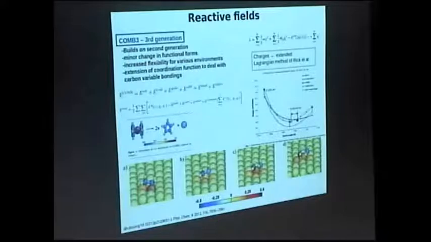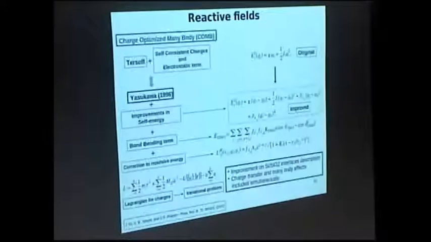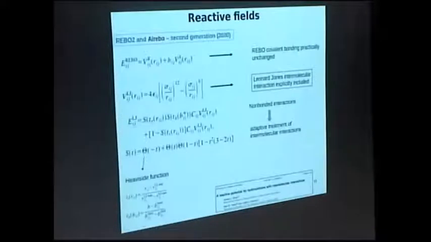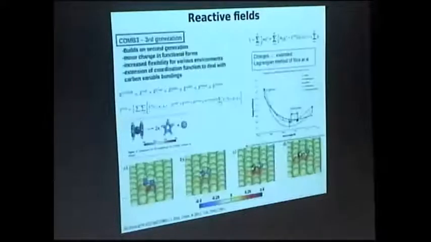They were able to increase the flexibility for various environments, so it's more transferable, and they improved also the coordination function, or that bonding term that I explained before. Usually you have one bond order term, right? Like here. In this case, they have 4 of them: one connected to angle, to coordination, to torsion, and to conjugation.